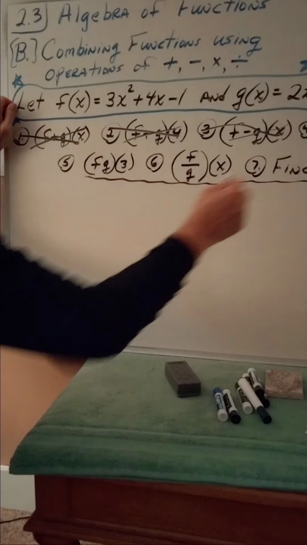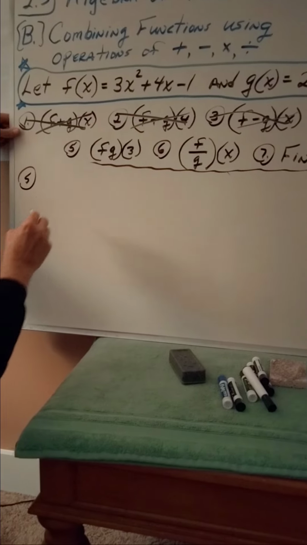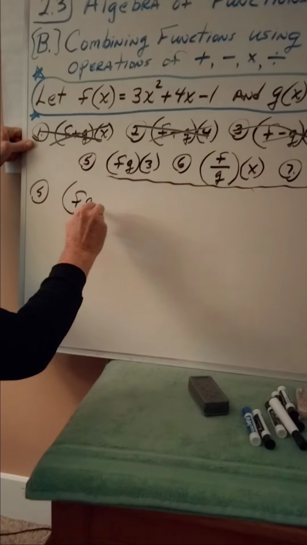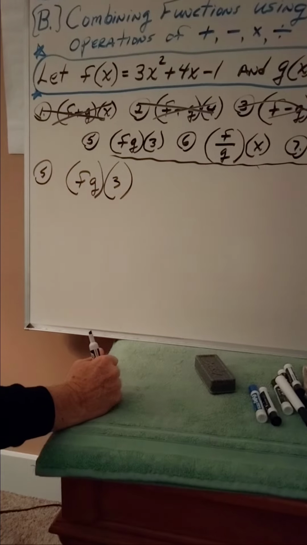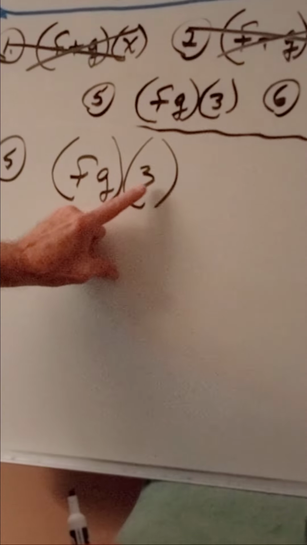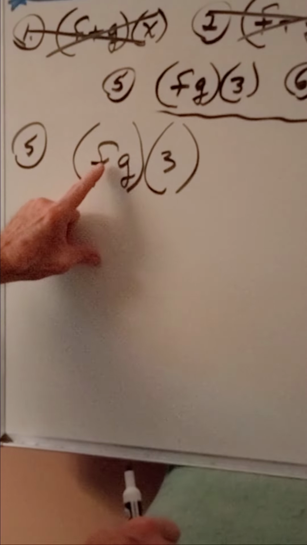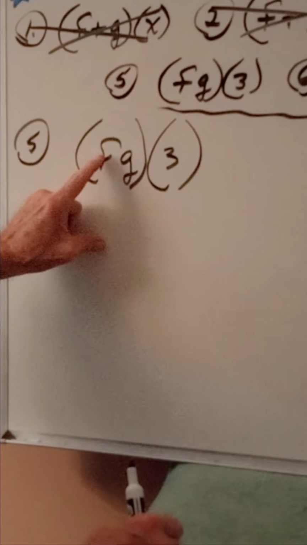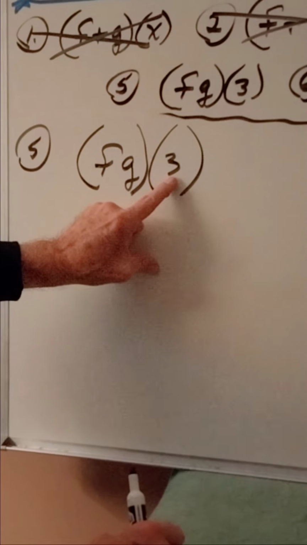Okay, now a little bit different action on number 5 because this just wants us to do this. It's not giving us the value of f times g when the domain is x. Could have, but it didn't. It wants us to find the value of function f times function g when the domain is 3.